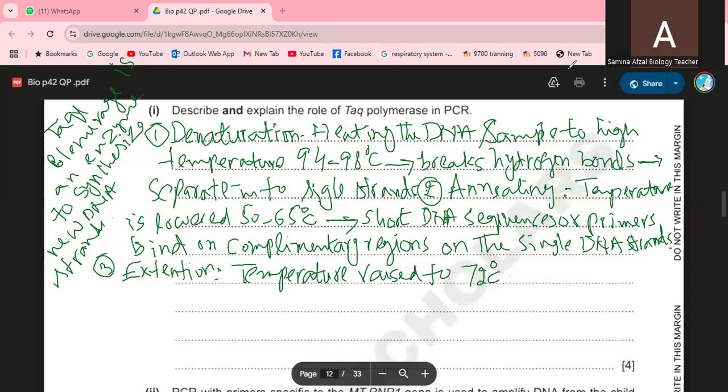So Taq polymerase then binds to the primer.